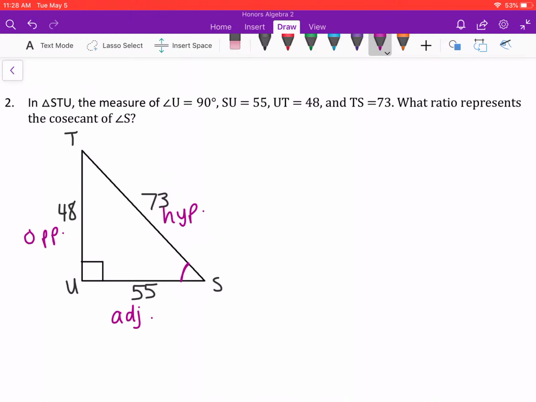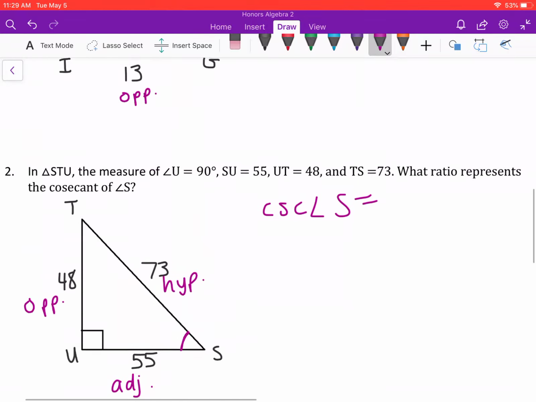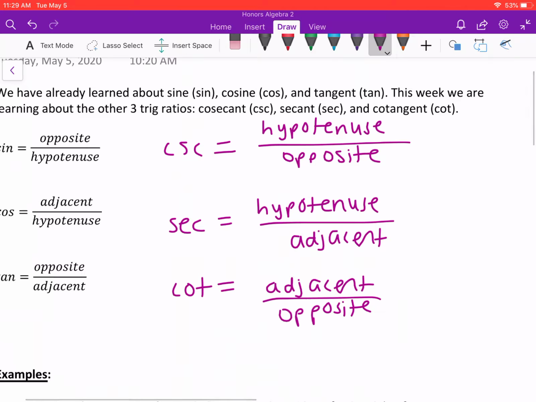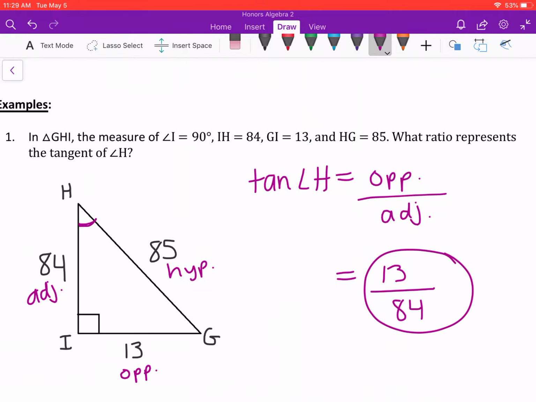So we are looking for the cosecant of angle S. Oops, that should say S, sorry. Let's scroll back up to see what we defined cosecant as. Cosecant is hypotenuse divided by opposite.